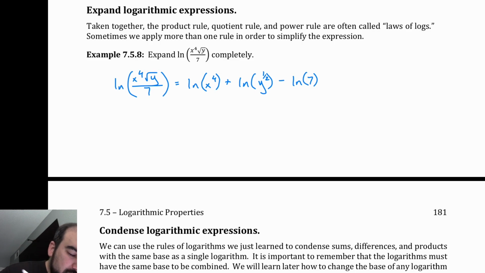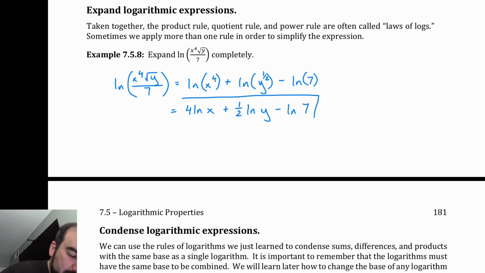In doing so, I can now use the power rule to take this 1/2 in front of this logarithm. So we're going to have the 4 come in front of this natural log of x plus 1/2 of the natural log of y minus the natural log of 7.